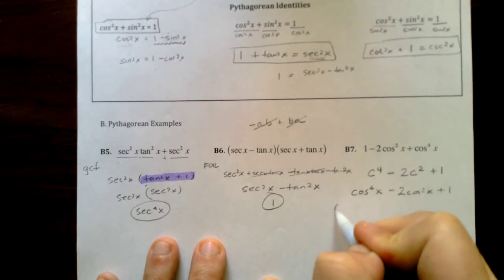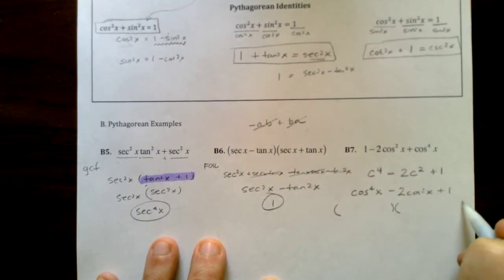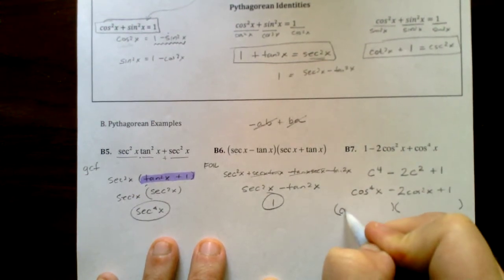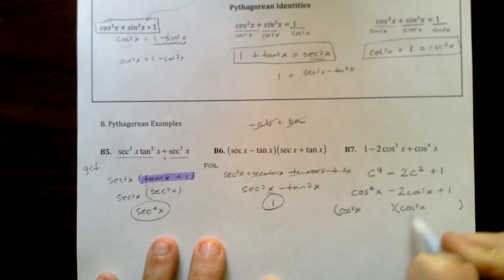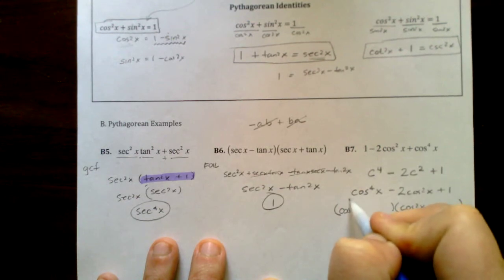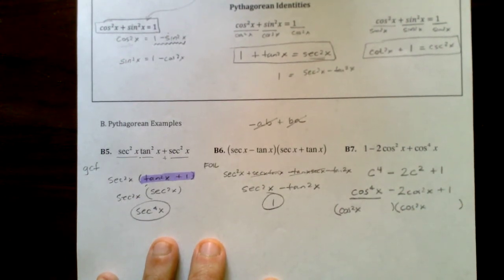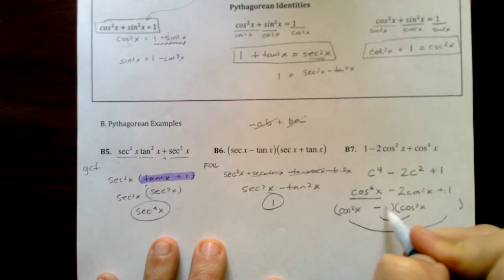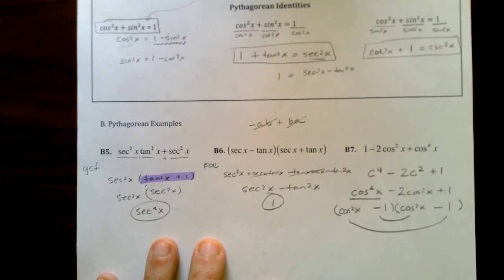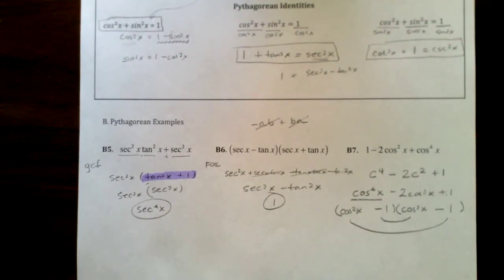My factoring for this is the binomial technique, where I'm going to say cosine squared x and cosine squared x. If you multiply these two, it's going to give you cosine to the 4th. And now, what two numbers multiply to give me 1, but add to give me negative 2? In this case, they're both minus 1s.